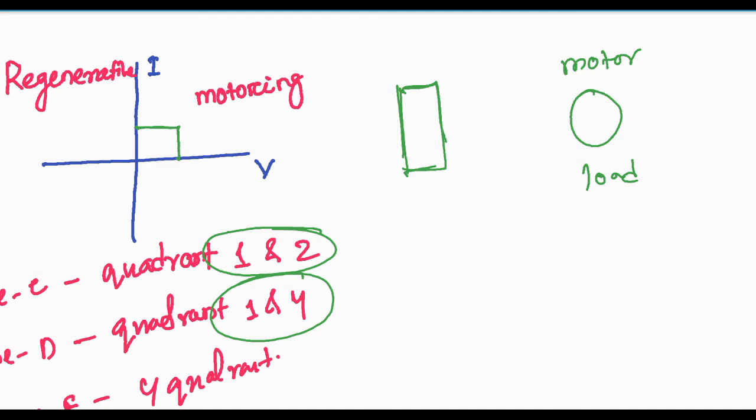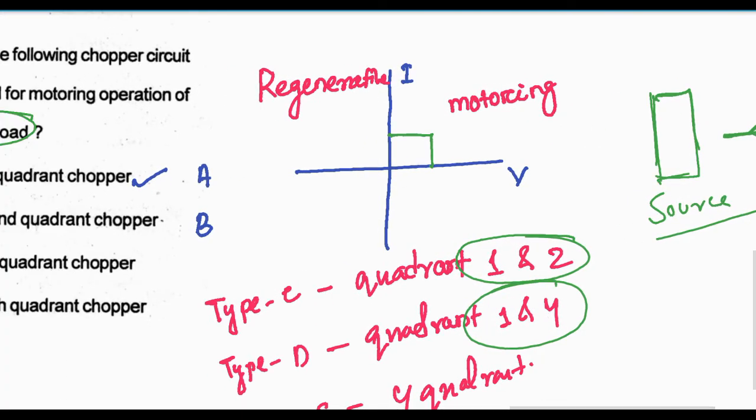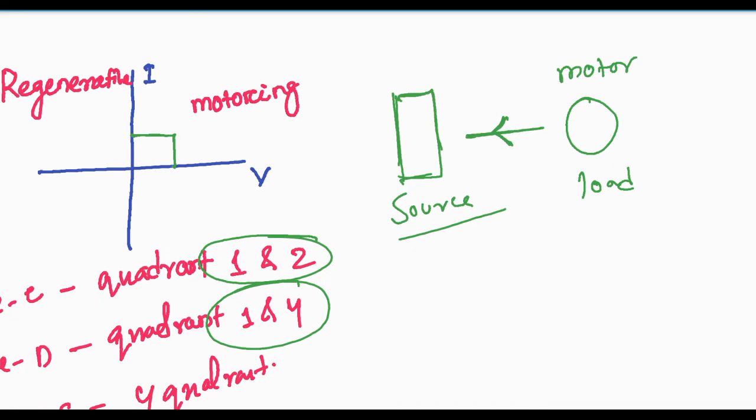the power flow is from motor to source, that means from load to source. So this is regenerative braking, we have already studied regenerative braking in DC motor braking. When there is inertia of the moving load and we disconnect the DC motor from the supply source, it will generate voltage.